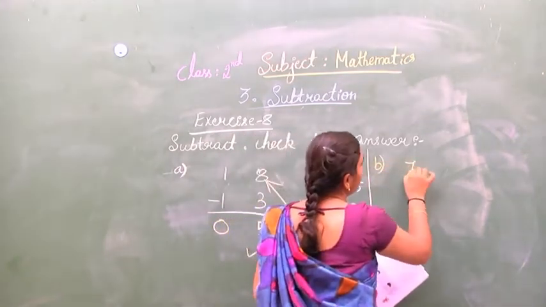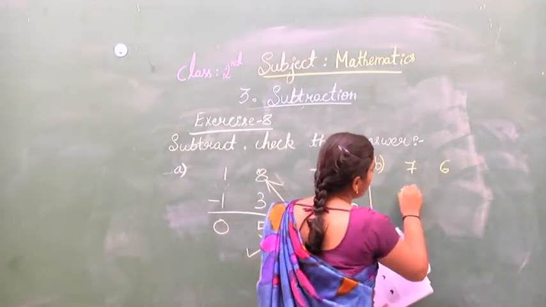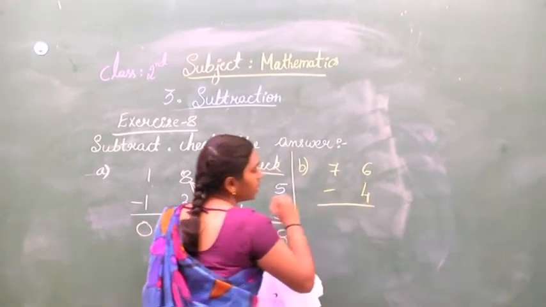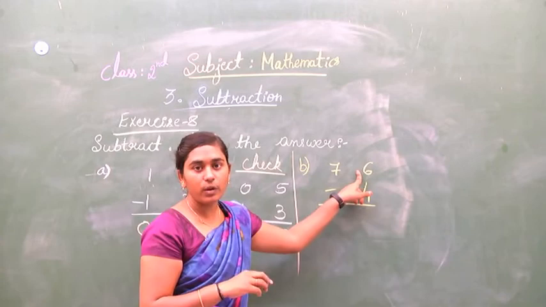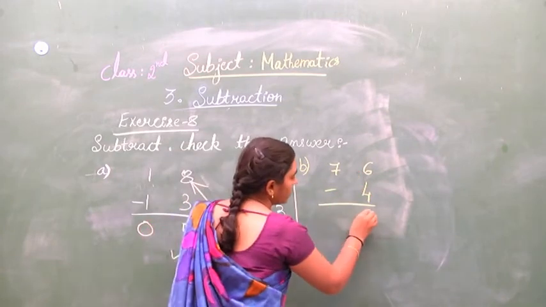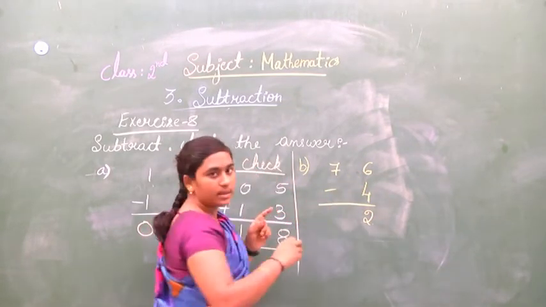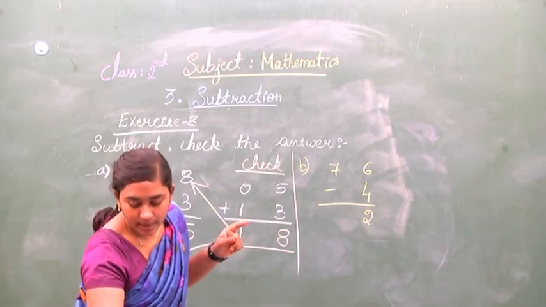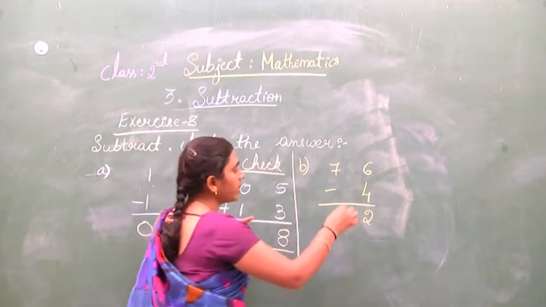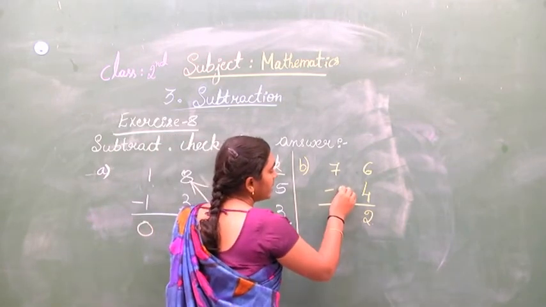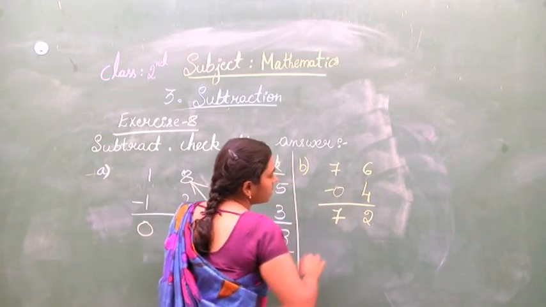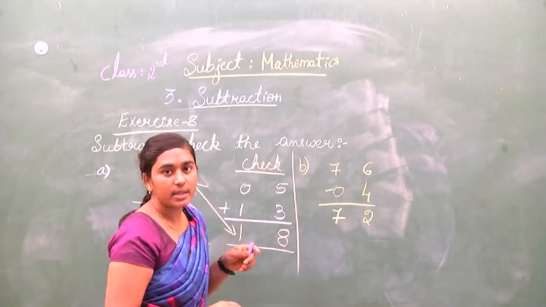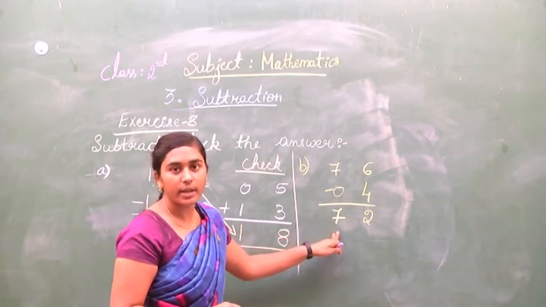Second one, 76 minus 4. 6 minus 4 is 2, right? 7 minus, here nothing is there. The number is not given, so you can take it as 0. 7 minus 0 is 7. 76 minus 4 gives 72.